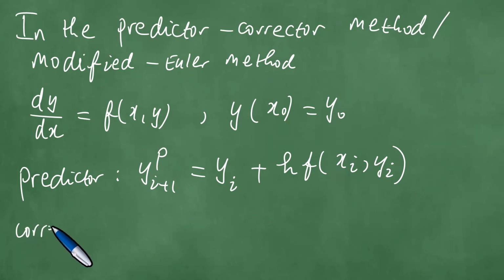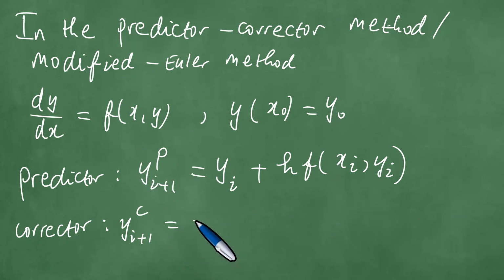So the corrector equation, right? This one is the one just described in the paragraph above, where we said that it takes the average. So how is the corrector now different? Because modified means you just have the predictor and the corrector.